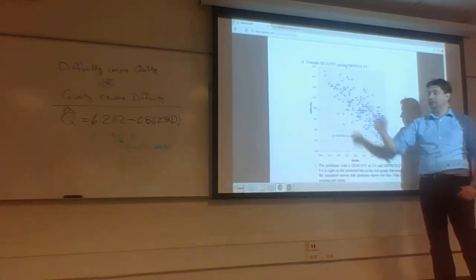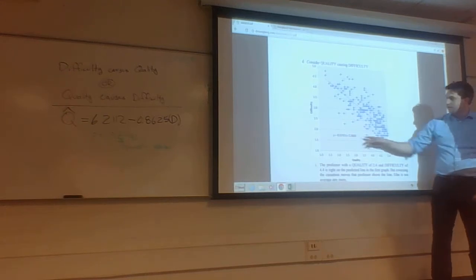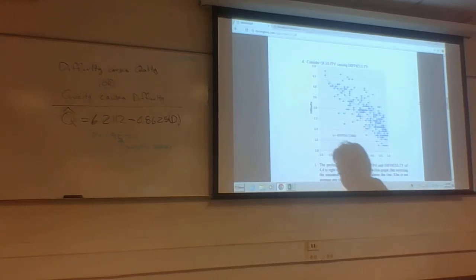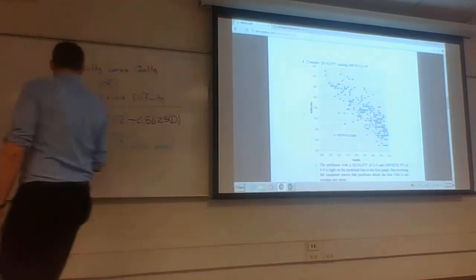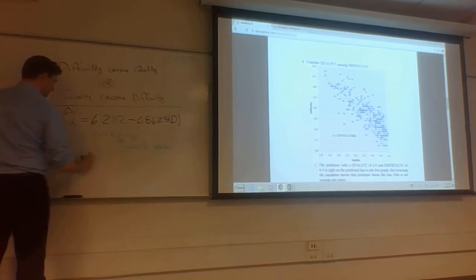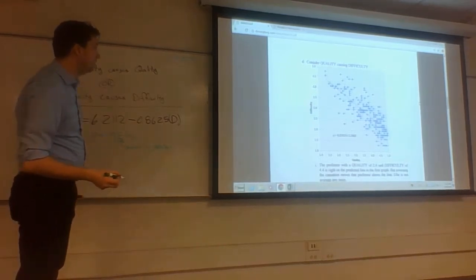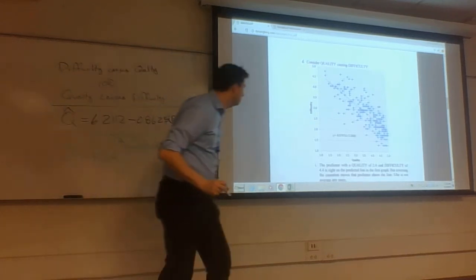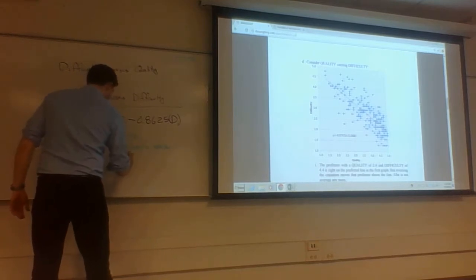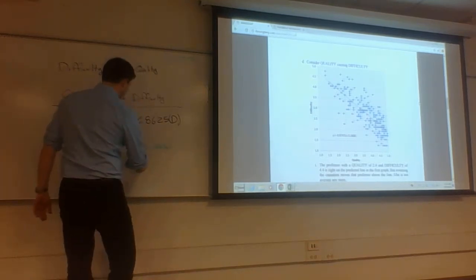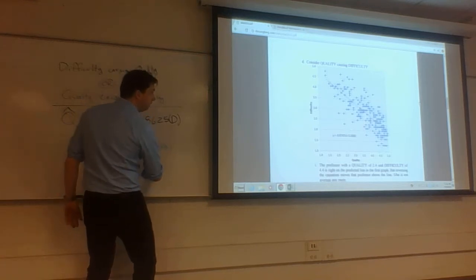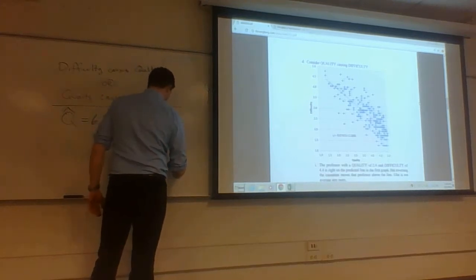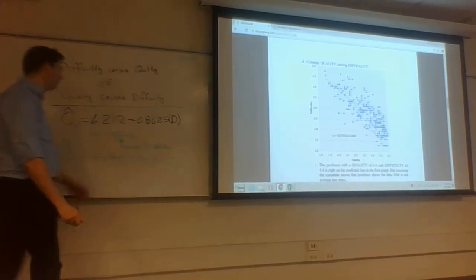Now quality causes difficulty. And it's still statistically significant, but you see the equation is completely different. We have 3.5801 minus, still negative, 0.6747 Q. It's completely different.